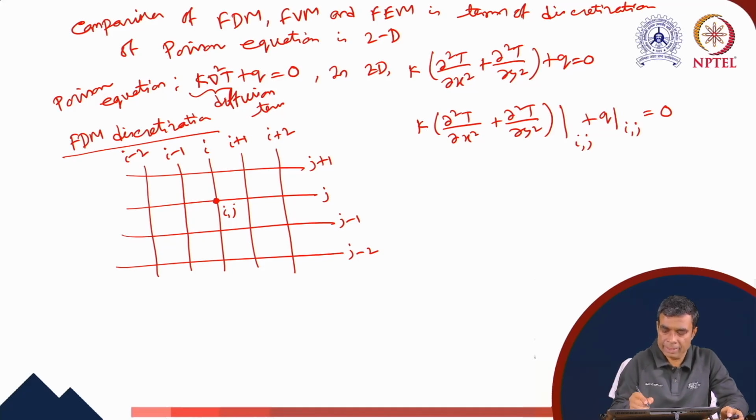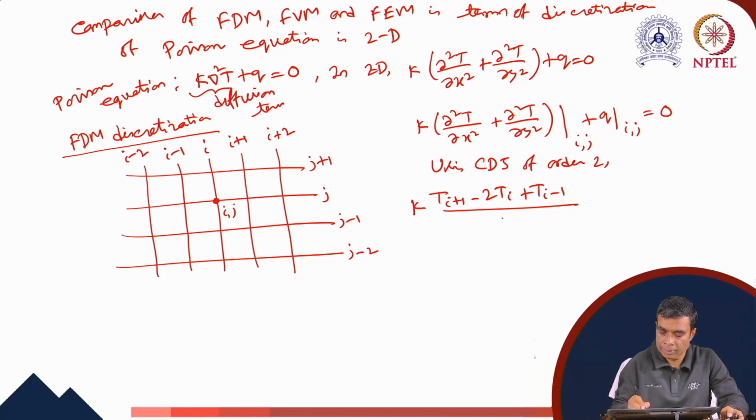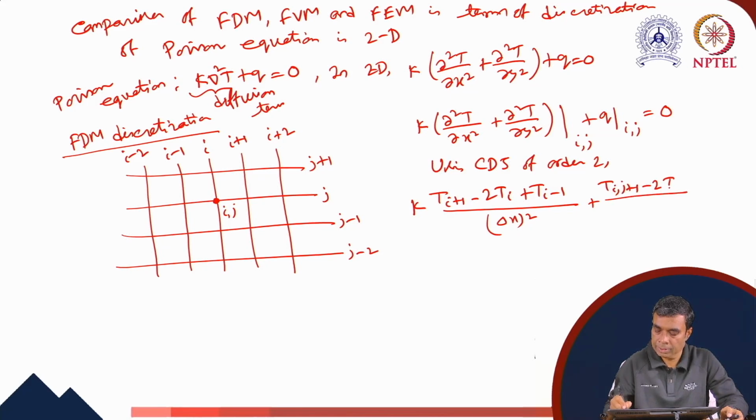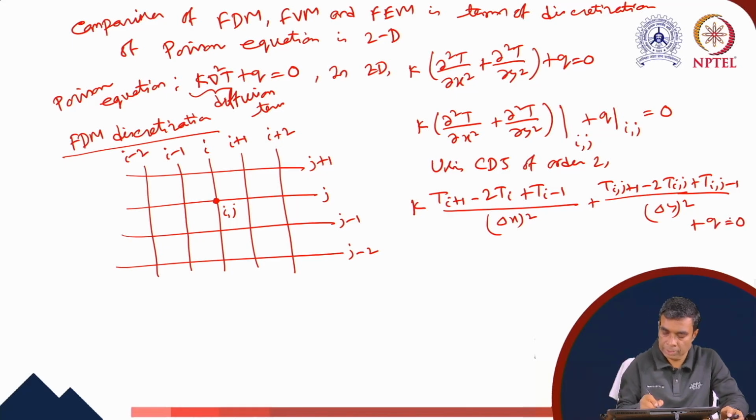So by discretizing using the central difference scheme of order 2, we get k into (Ti+1,j minus 2Tij plus Ti-1,j) by delta x whole square plus (Ti,j+1 minus 2Tij plus Ti,j-1) by delta y whole square plus q equals to 0.